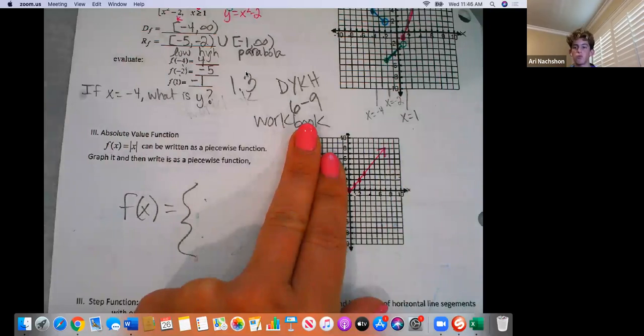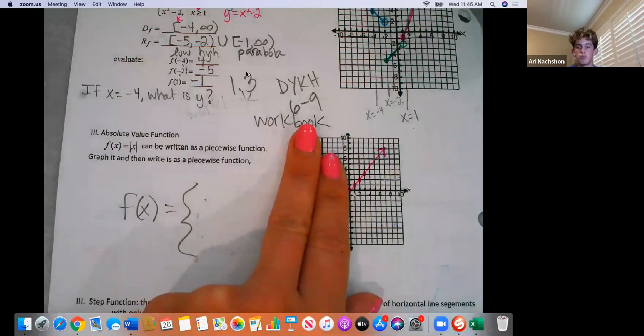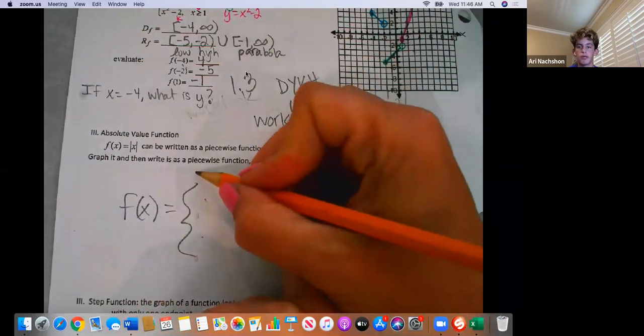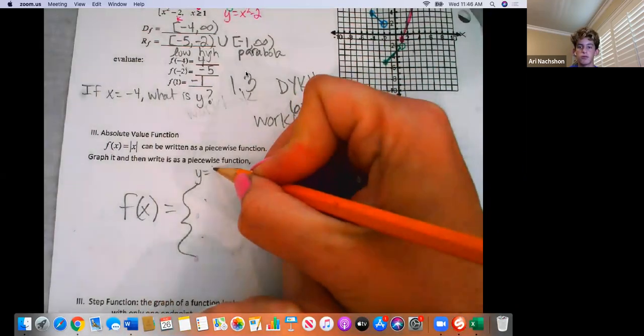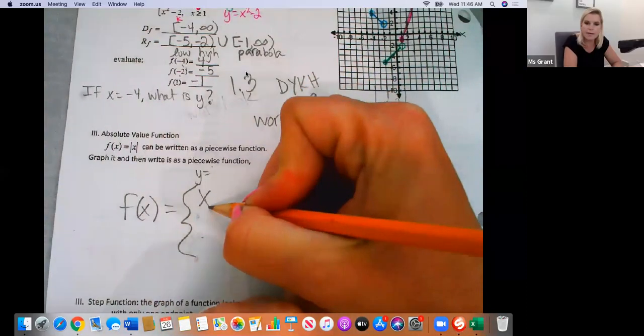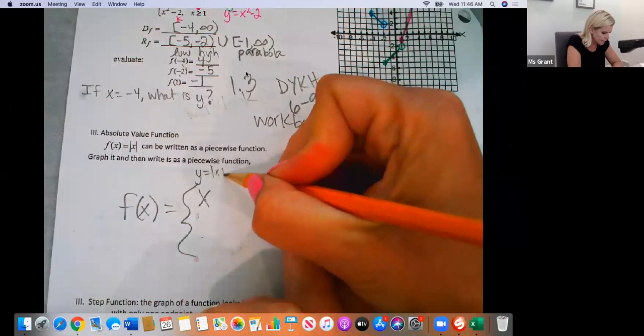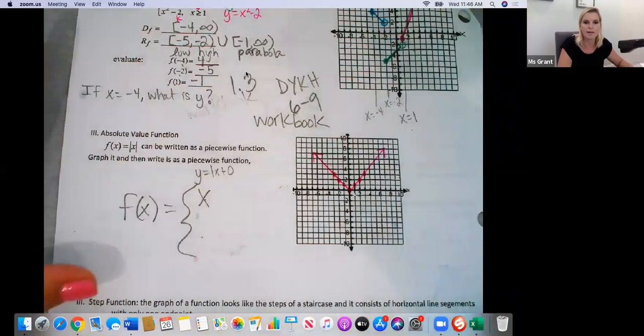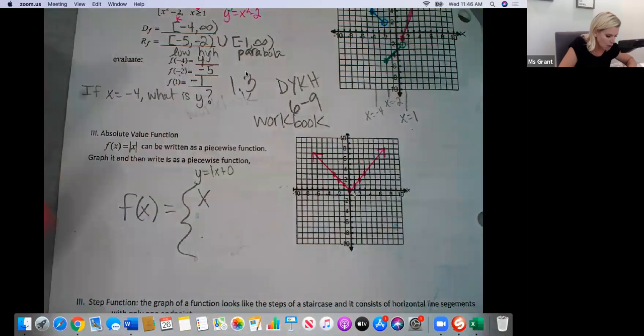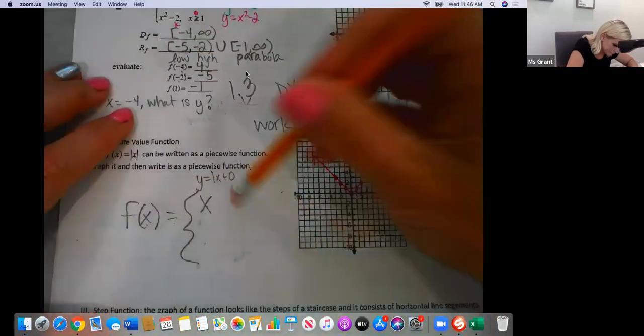The slope is 1. So it would be x. And then there's no y-intercept. So this is what it looks like: 1x plus 0. But we don't ever write it like that. You just write y equals x.